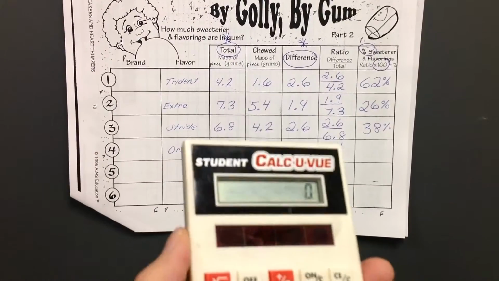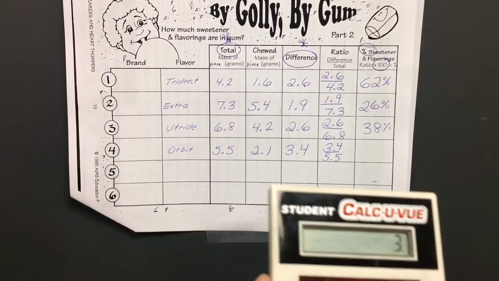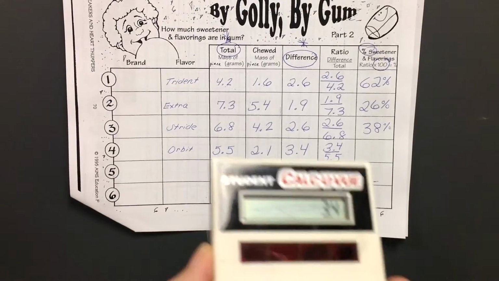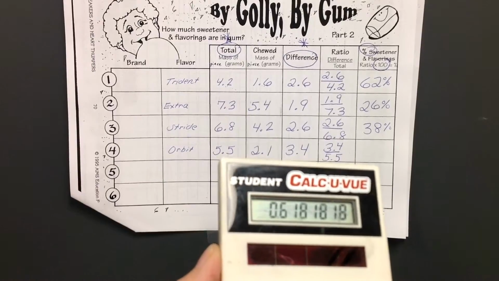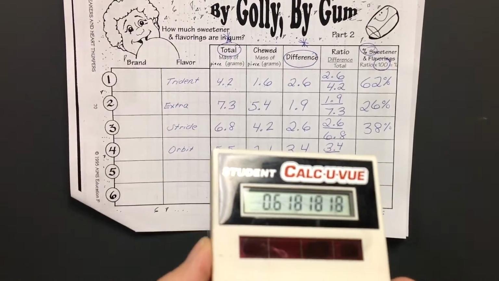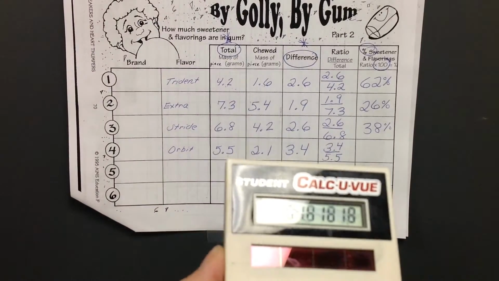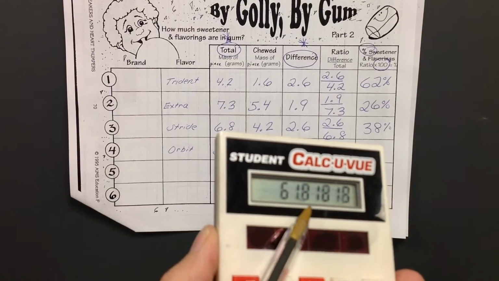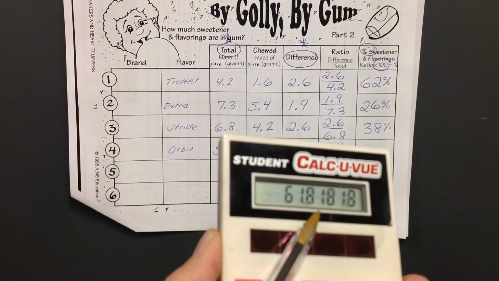Okay, the final example. Top number divided by bottom number. 3.4 divided by the bottom number, 5.5 equals, times it by 100. I get 61.8%. I look at the first number right after the decimal. If it's 5 or bigger, I round up.